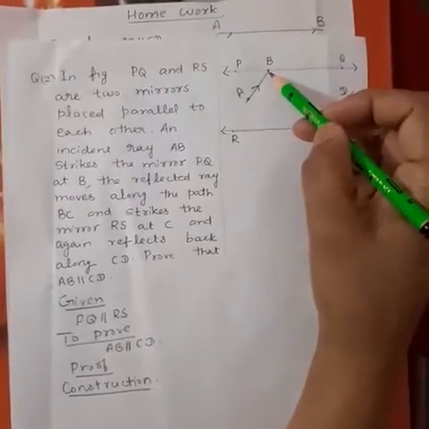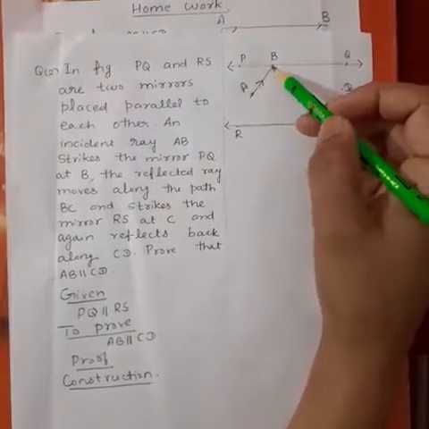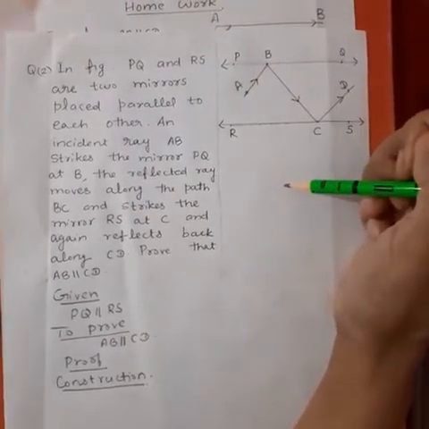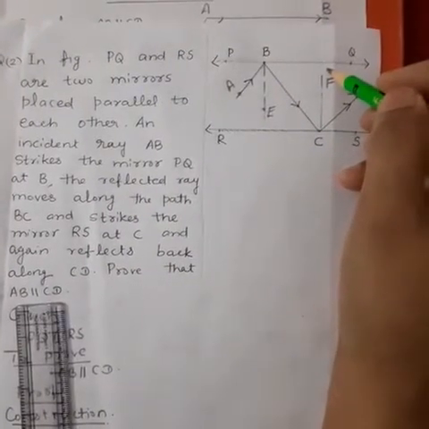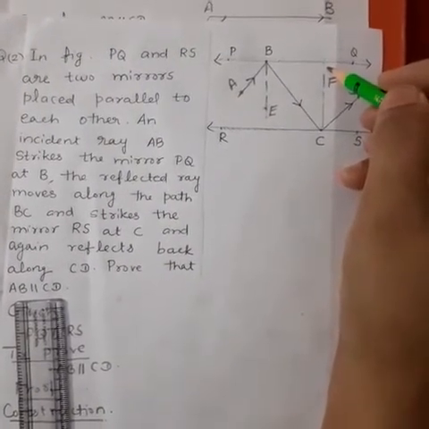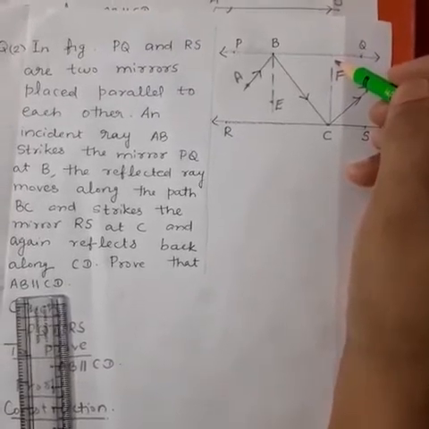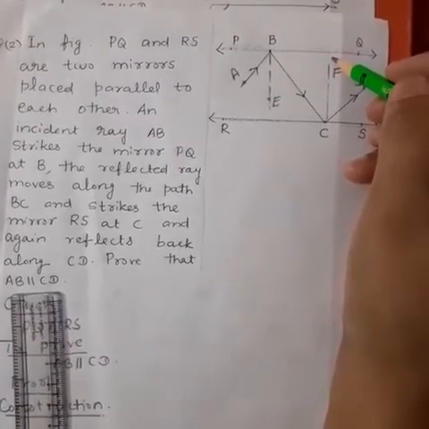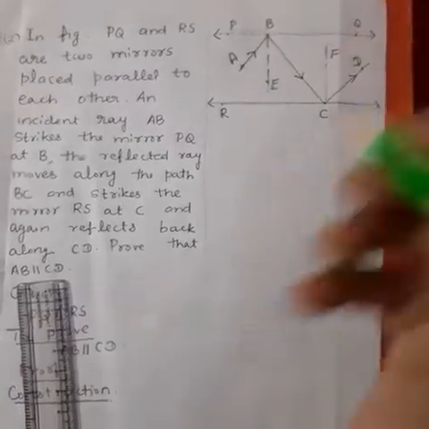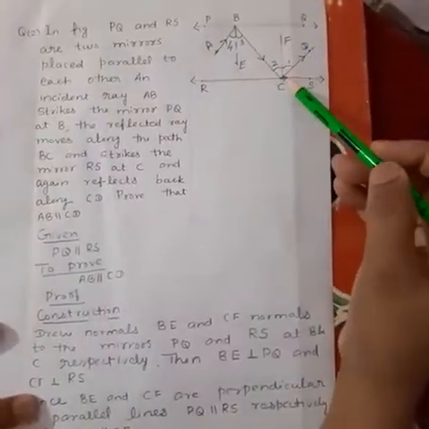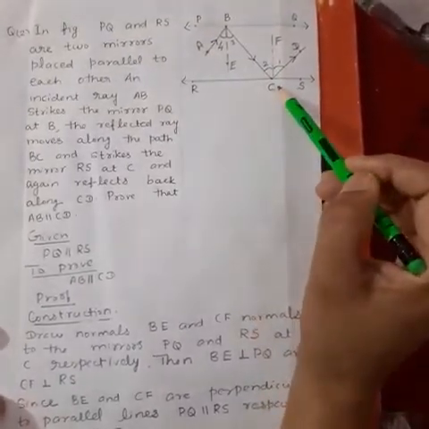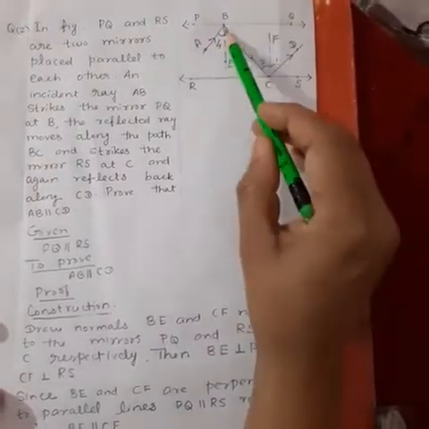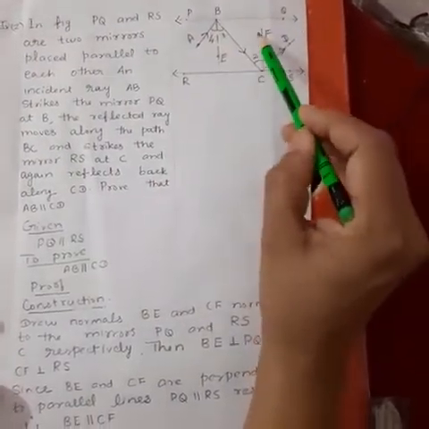First you have to draw two normals to the mirrors PQ and RS respectively. So I have drawn BE perpendicular to PQ and CF perpendicular to RS. Since BE and CF are perpendicular to parallel lines PQ and RS respectively, therefore BE is parallel to CF.